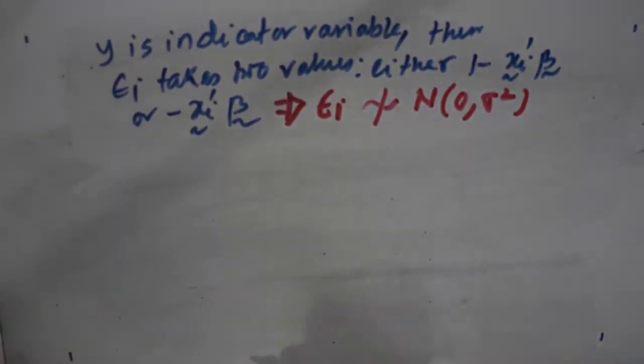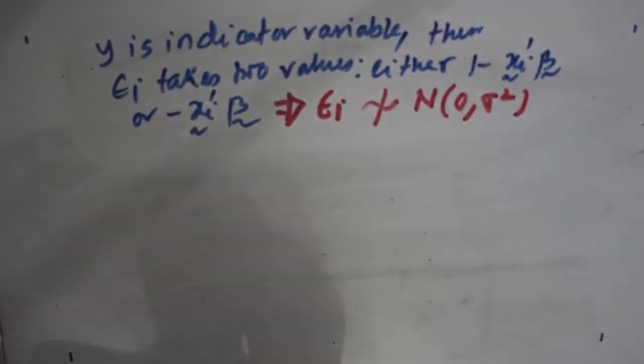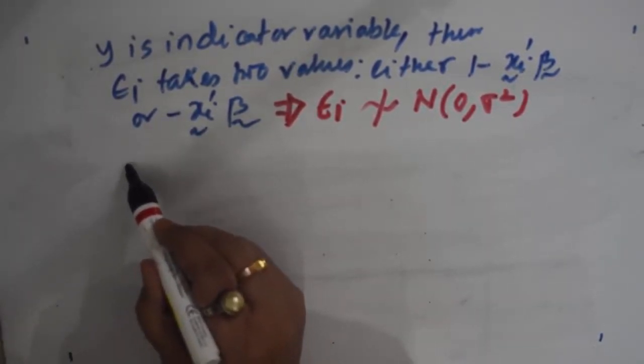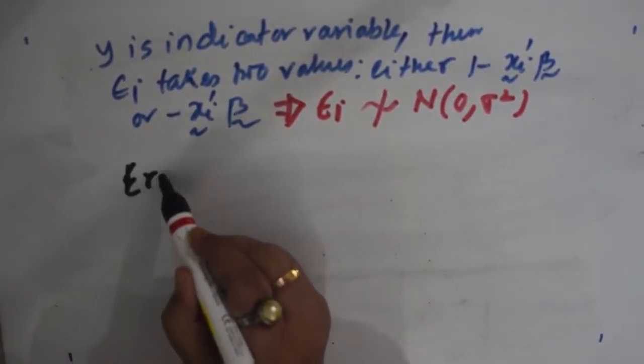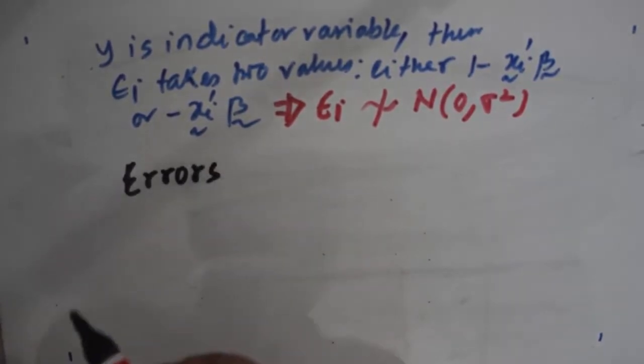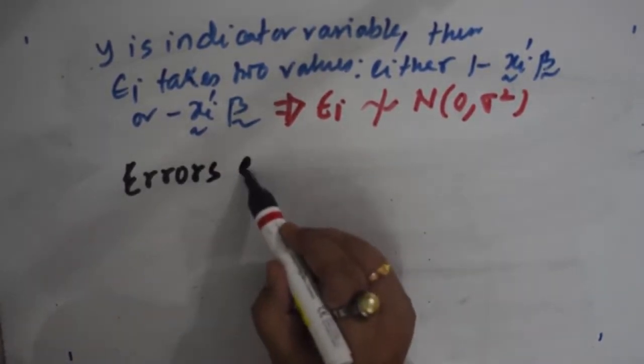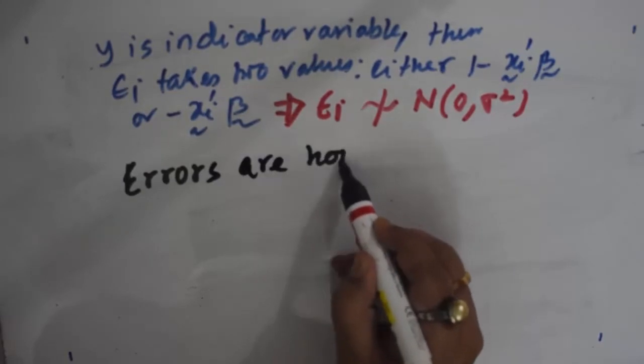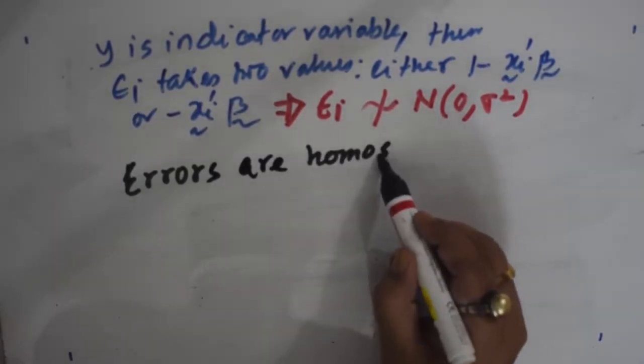In the usual regression model, the errors are homoscedastic.